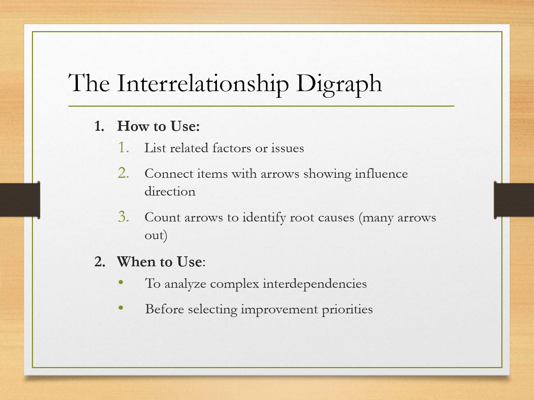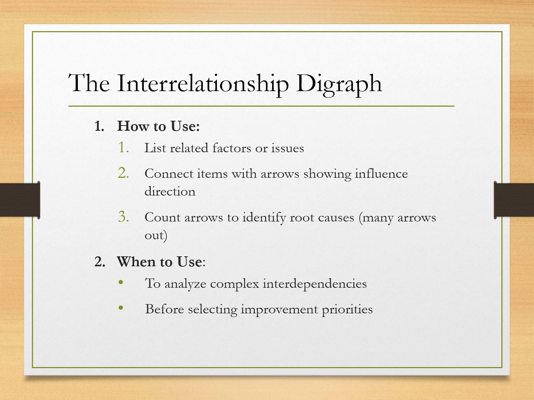So when can we use this? It's perfect for analyzing complex interdependency situations where everything seems to connect to everything else. One good case in point: imagine you work in a hospital and patient satisfaction is low.